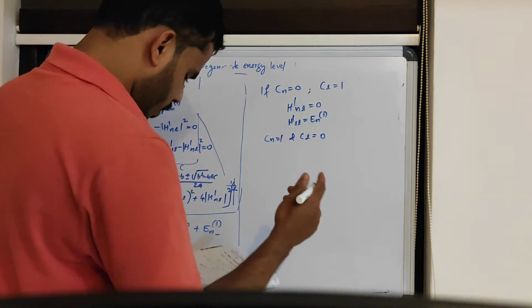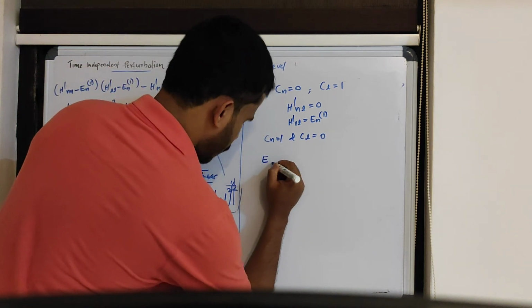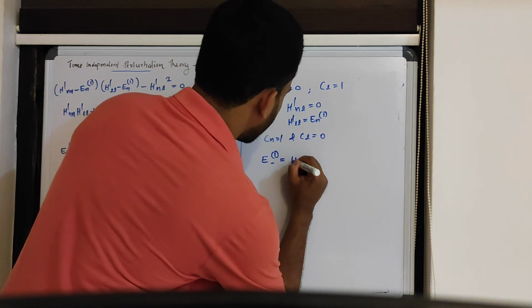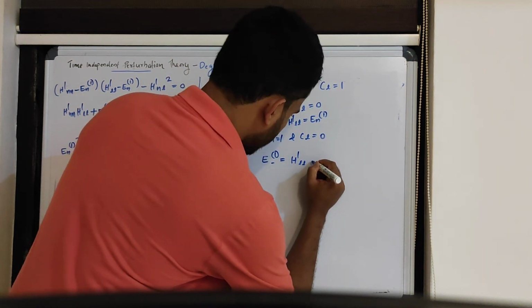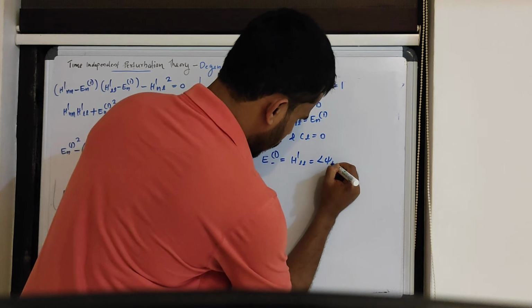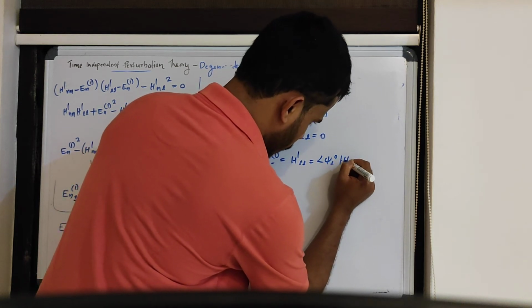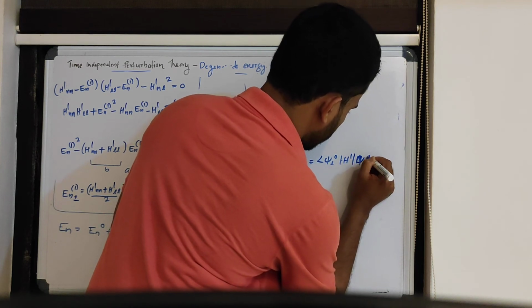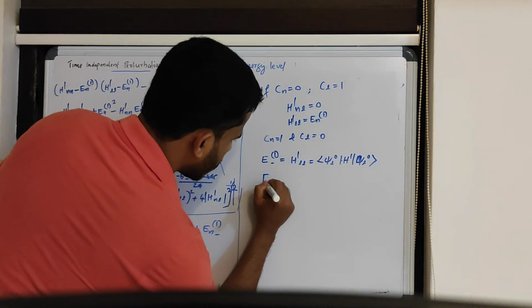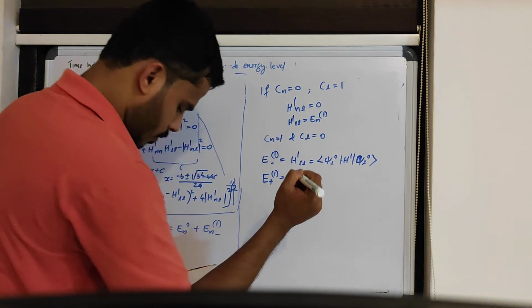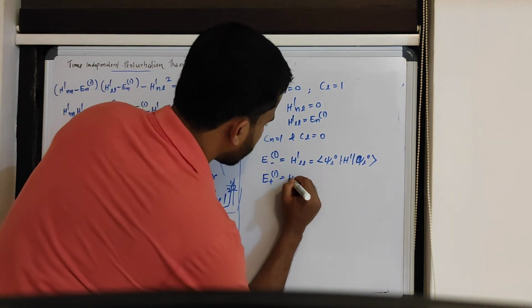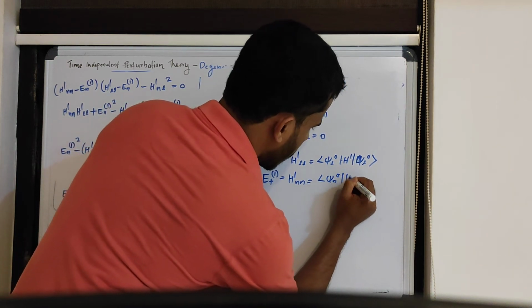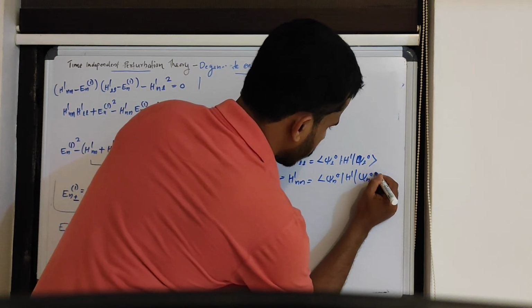So E minus 1 is equal to H prime LL, which is psi L0 H prime psi L0, and E plus corresponds to H prime NN, which is psi N0 H prime psi N0.